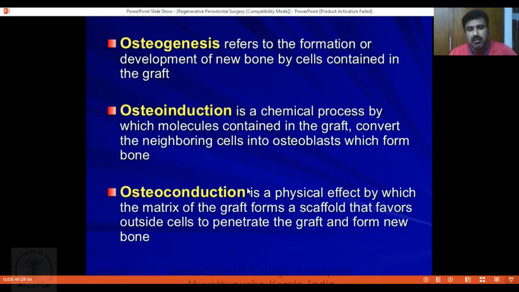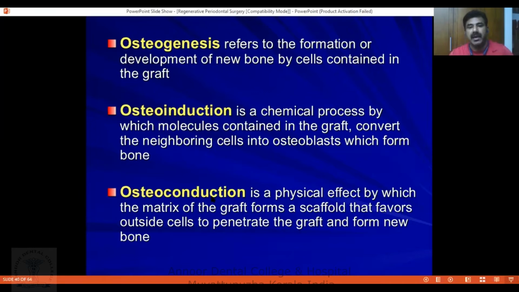Then most of the bone graft that is available in the market belongs to the category known as osteoconduction. When you look at this type of bone graft under the microscope or at high resolution, you will find that it is like a honeycomb. It has lots of pores inside. So what happens when you place this bone graft?